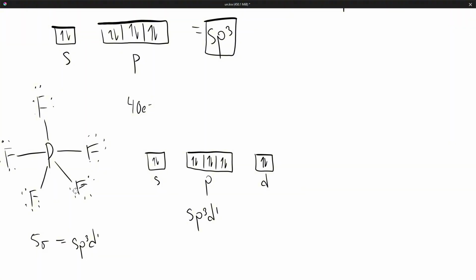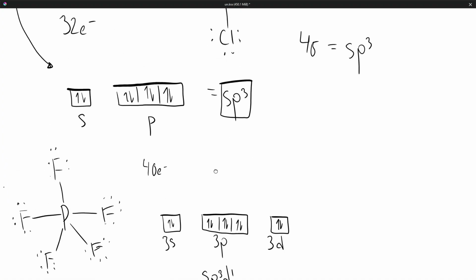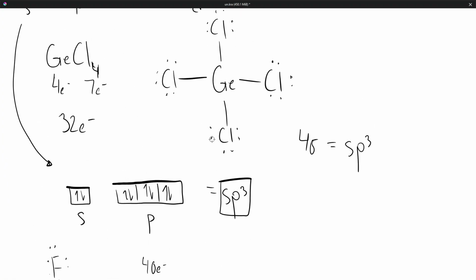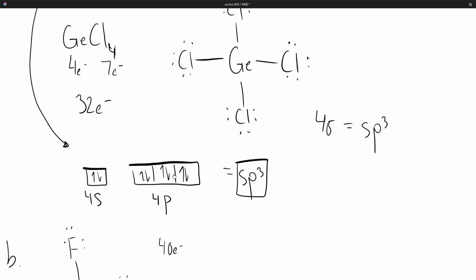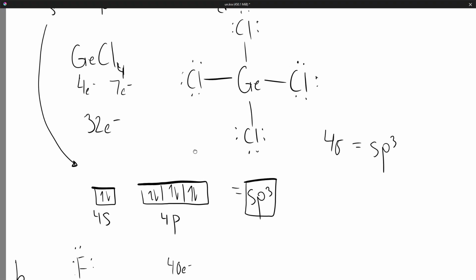For phosphorus, it's in period 3, which means you use 3s, 3p, and 3d. Germanium is in period 4, which means you use 4s and 4p orbitals, like so.